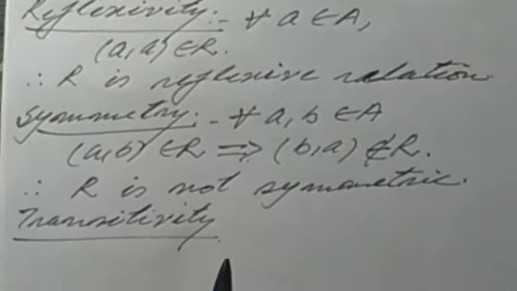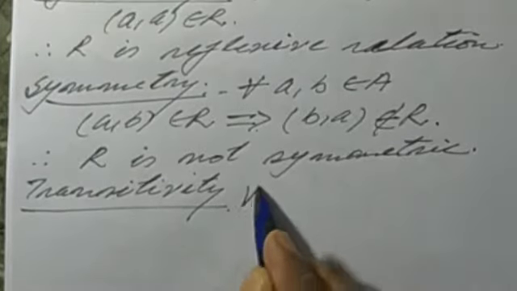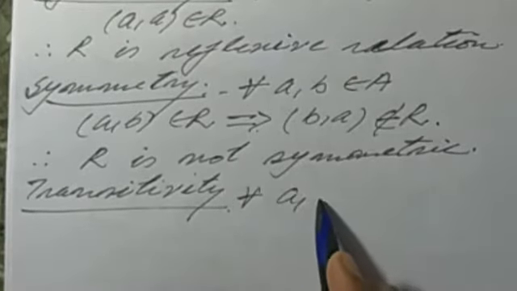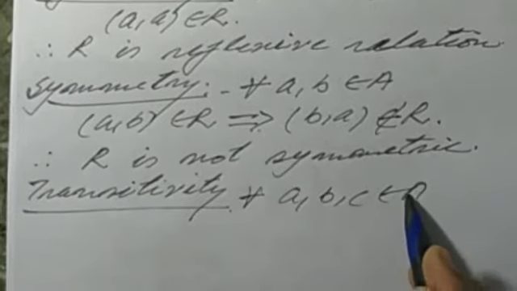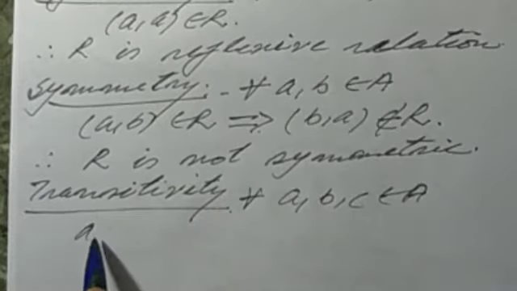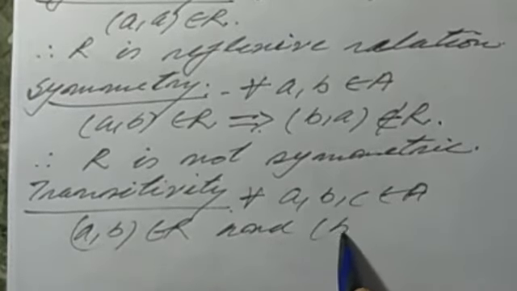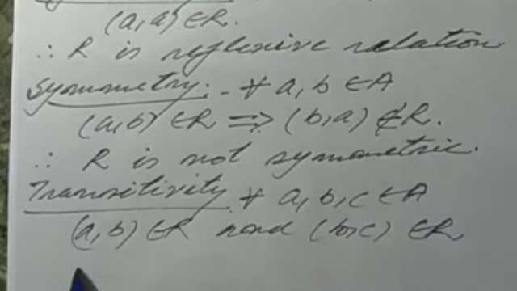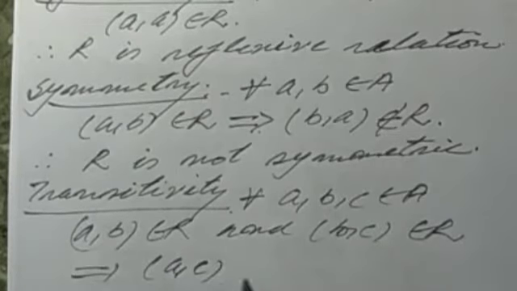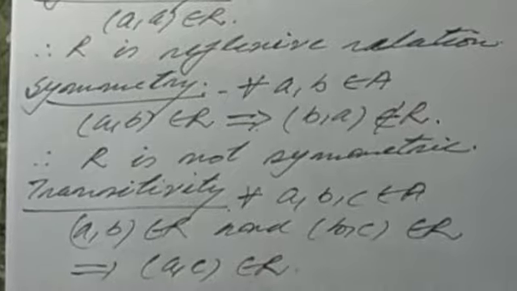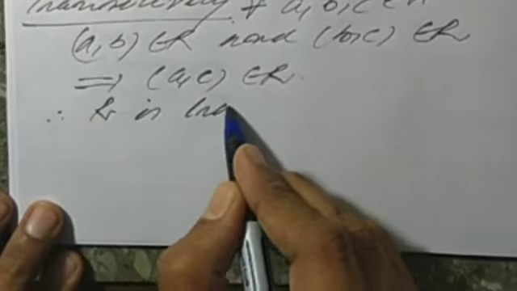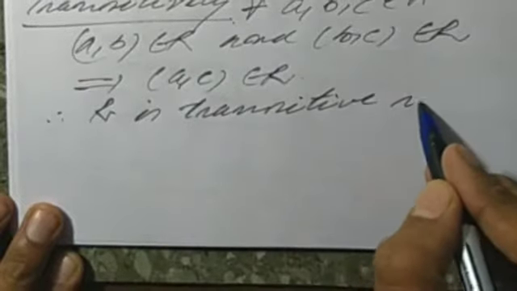In this way, we observe that the criterion of transitivity is satisfied by each and every element of R. So in general, for all a, b, c belongs to A, (a, b) belongs to R and (b, c) belongs to R implies that (a, c) belongs to R. So R is a transitive relation.